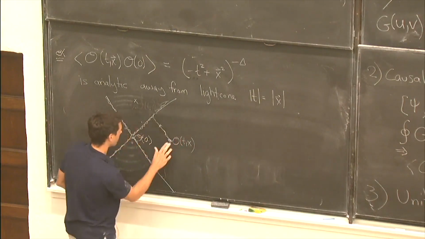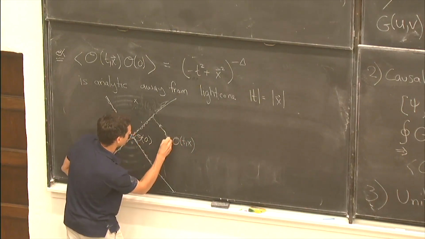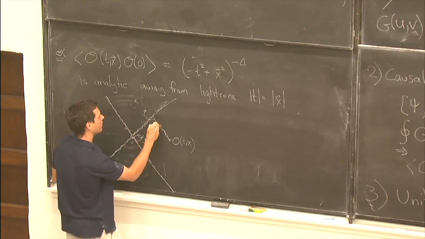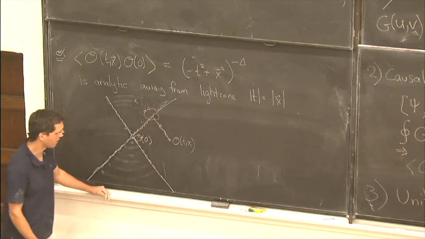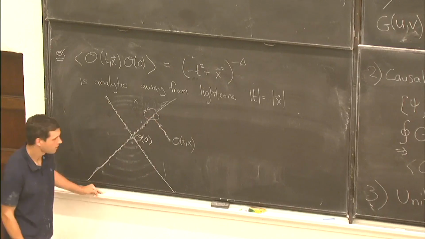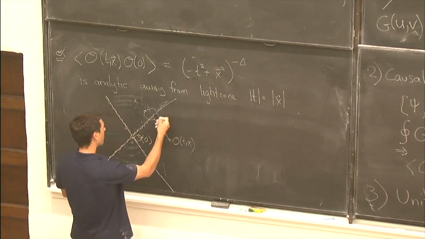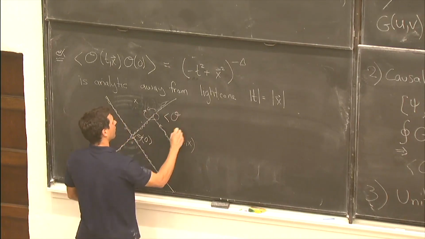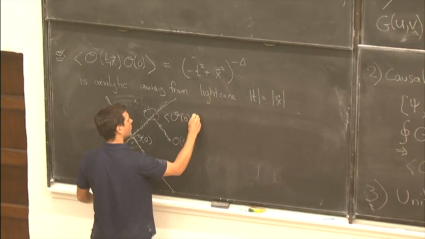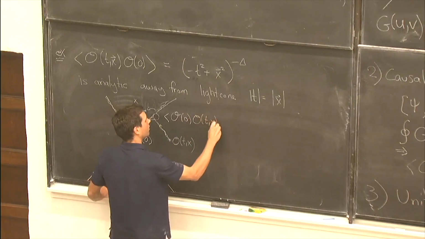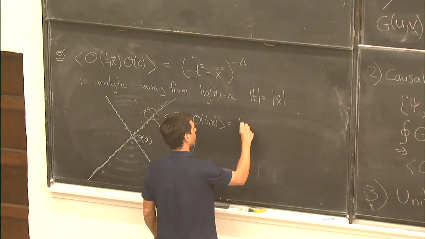So I sort of think of that as drawing some path that either goes in front or goes behind the branch cut. If you go one way around the branch cut, then you get one ordering of the operator.